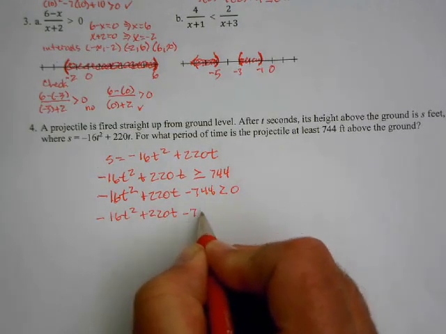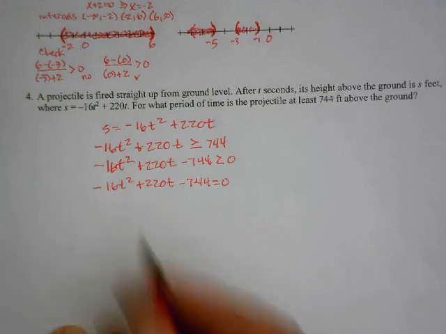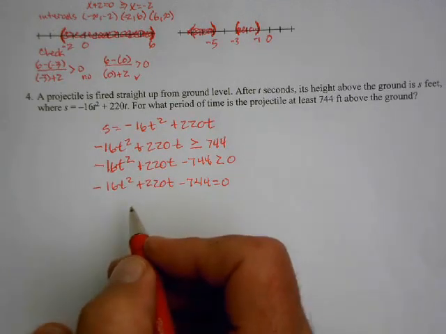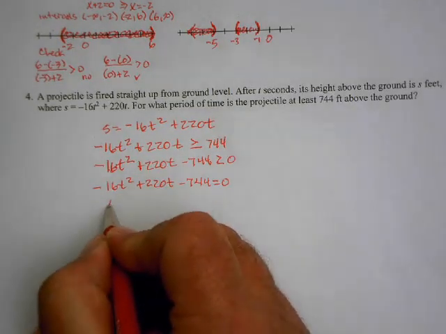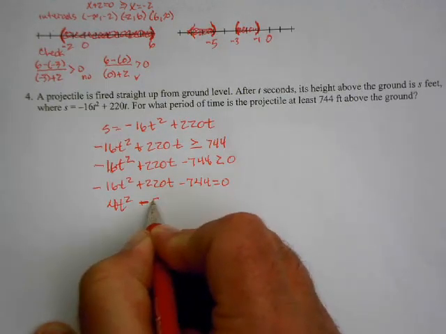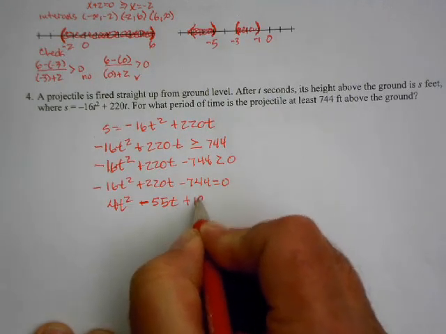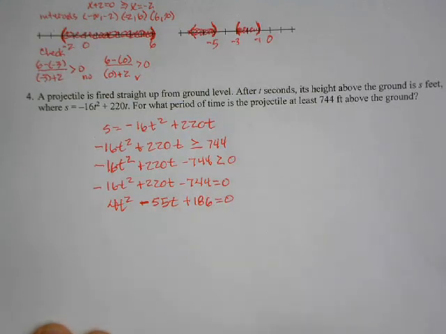I can divide everybody by, in this particular case, you wouldn't know that necessarily. You might have to work it out, use a factor tree, for instance. But it turns out that I can factor out a negative 4, and I'll end up with 4t squared minus 55t plus 186. Now, you can do quadratic formula.